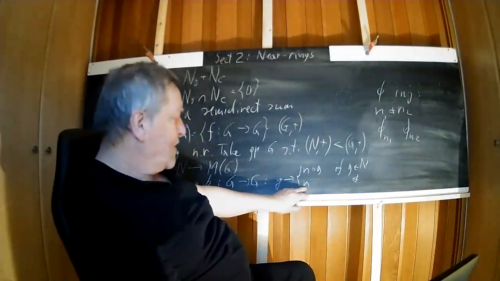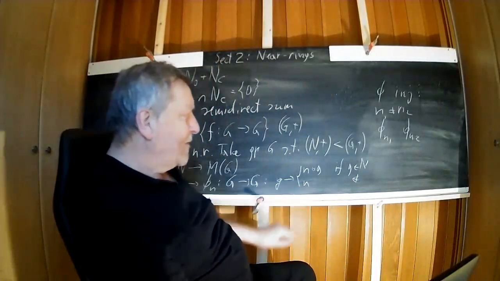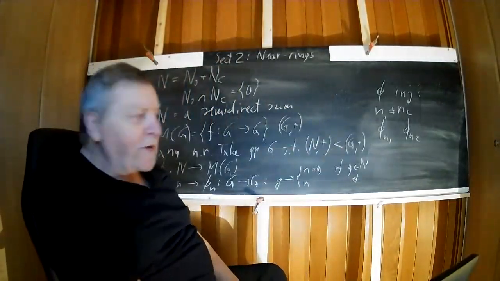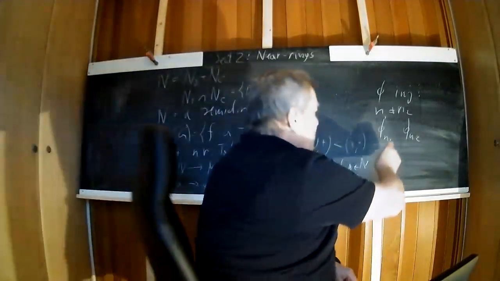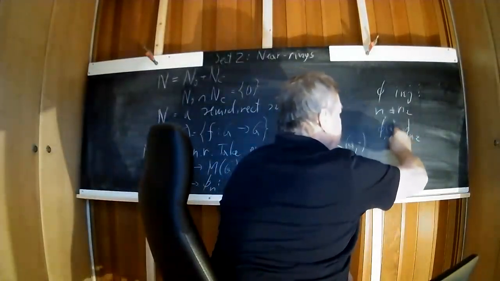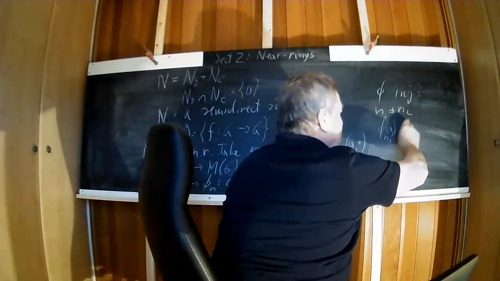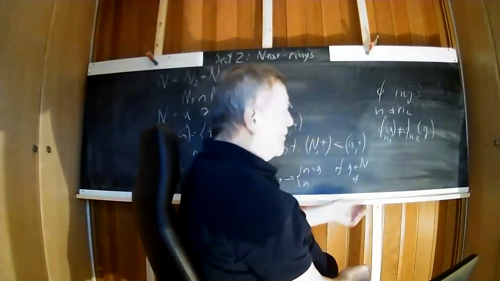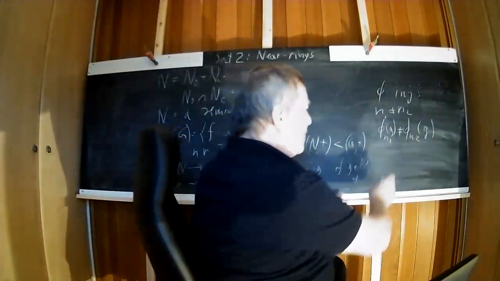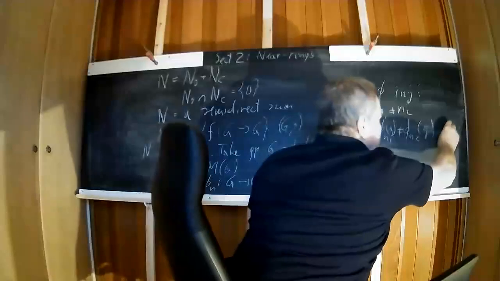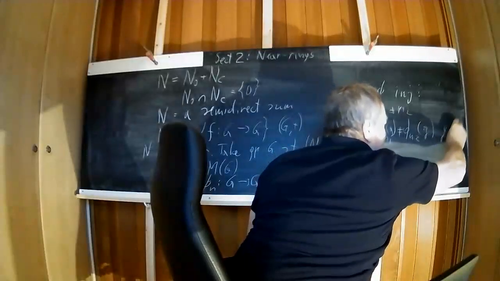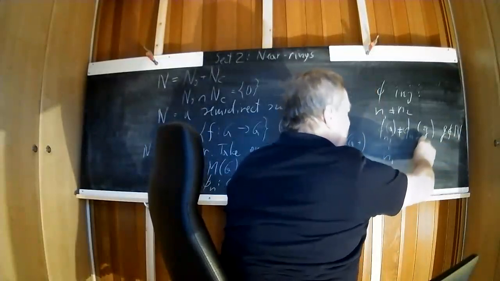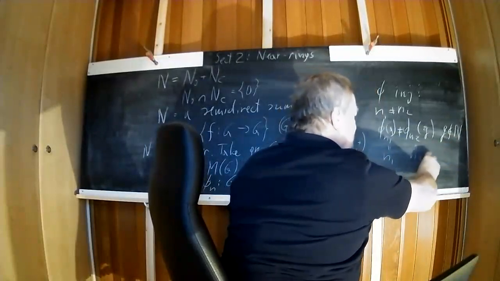if we apply this to some element G outside of N, which must exist according to this requirement, so phi sub N1 of G is unequal to phi sub N2 of G, because if G is not in N, this is just N sub 1, and this is just N sub 2.